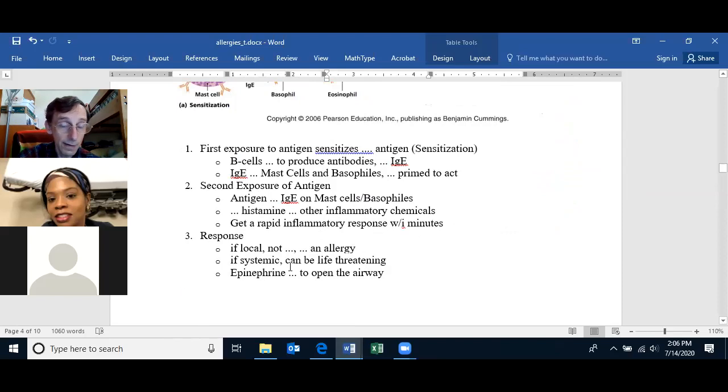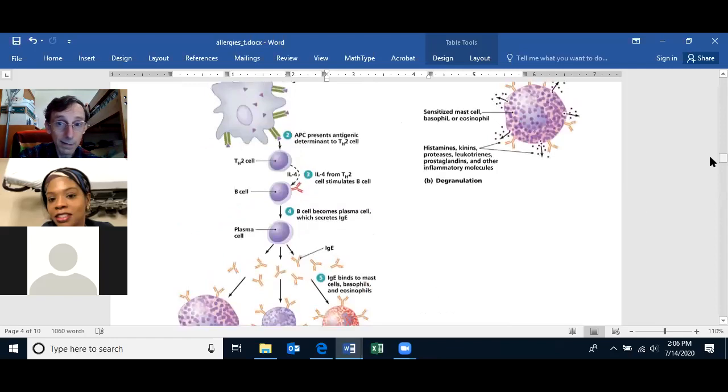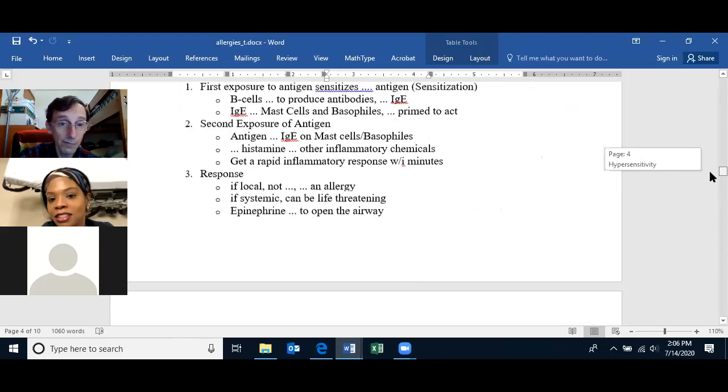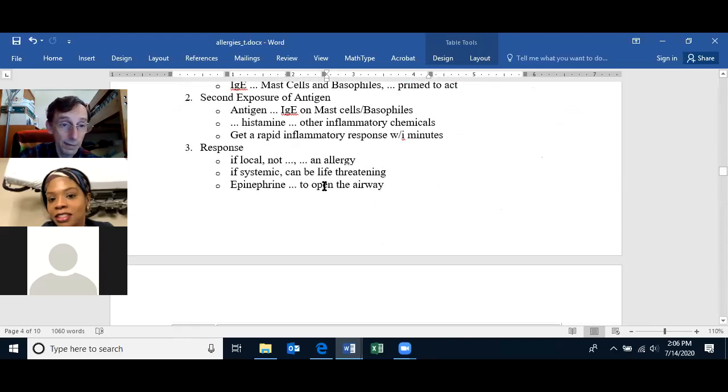If it's local, it's not usually a problem. The patient has watery eyes, red eyes, itchy eyes, maybe nasal congestion, okay? But if it's systemic and the immune response happens everywhere, meaning histamine is released into the blood and the patient has an immune response everywhere, it can be life-threatening. The lung vessels constrict, and so the patient has a hard time breathing.